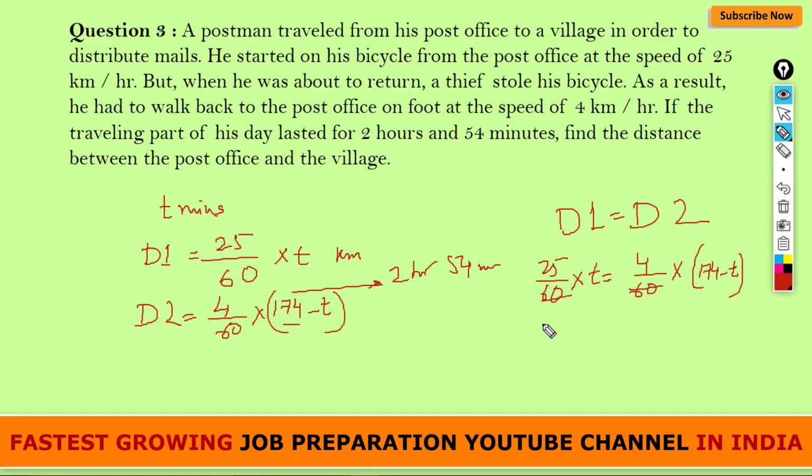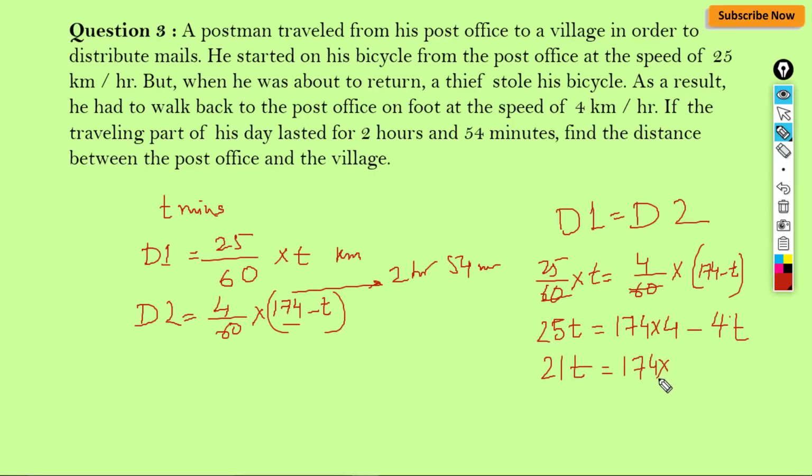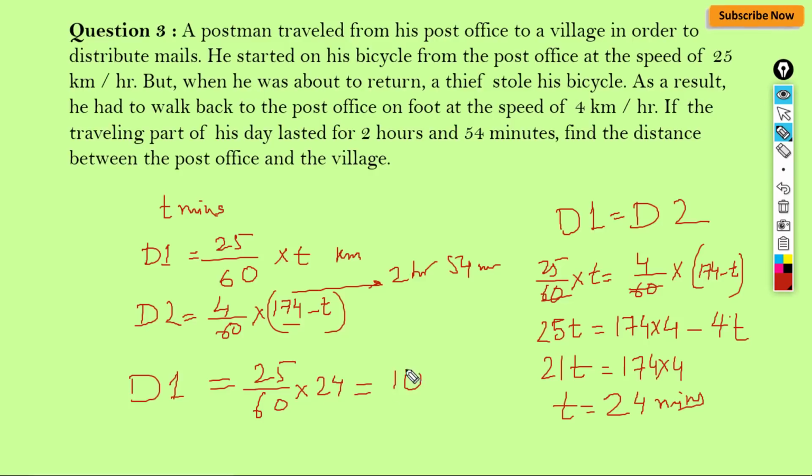So here we get 25t equal to 4 into 174 minus t, which, if you do the calculation, will come to t equal to 24 minutes. So now what is the distance between the post office and the village? We can easily take out any speed into time. That is 25 by 60 into 24, equal to 10 kilometers.